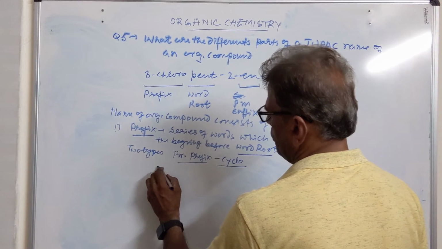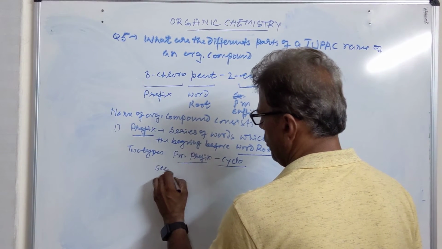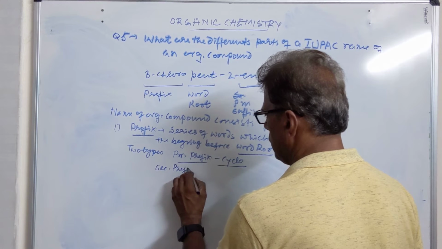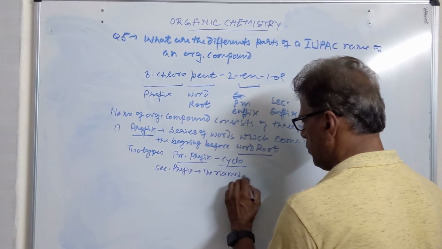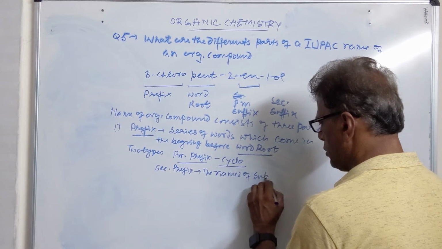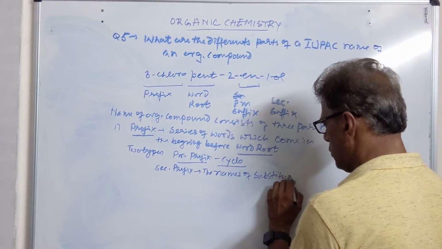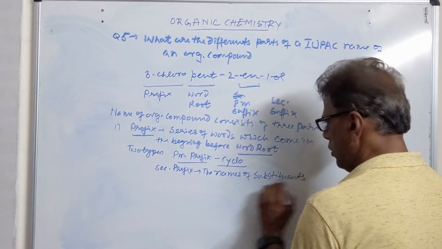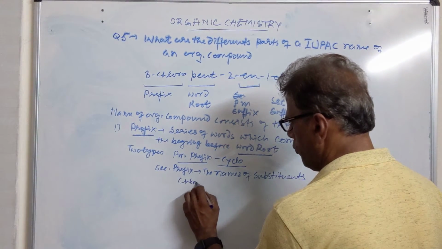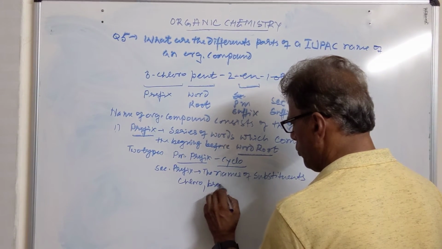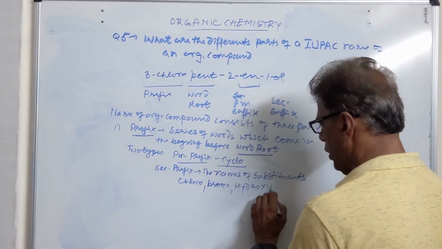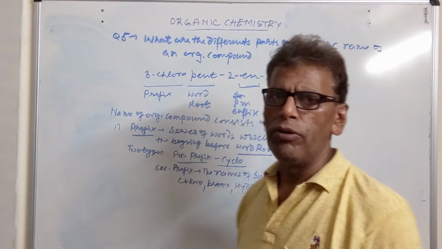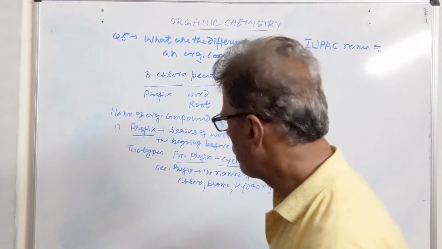If we say secondary prefix, these are the names of substituents like chloro, bromo, hydroxy. So these are names which do not come in the selected chain.